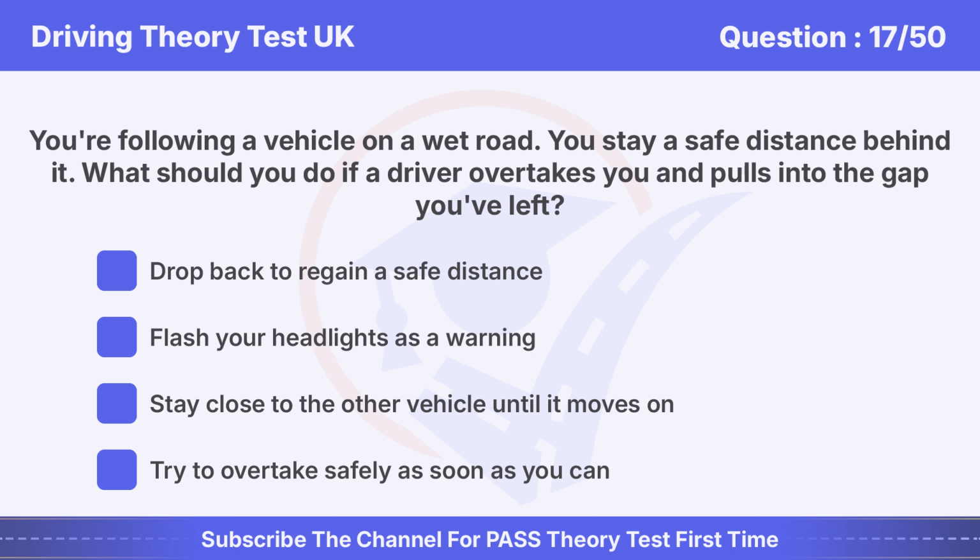Question 17. You're following a vehicle on a wet road. You stay a safe distance behind it. What should you do if a driver overtakes you and pulls into the gap you've left?